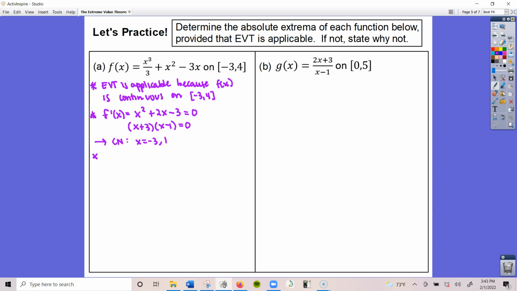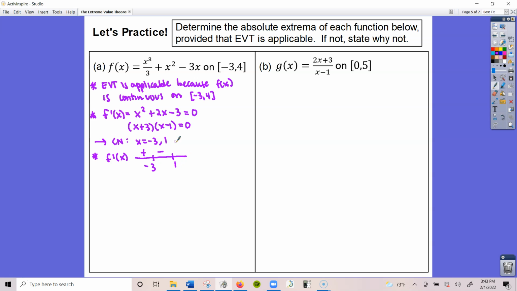I am now going to verify that these are extrema, because if they're not, then we won't have to test those values. But if they are, then we do. So, to the left of negative 3, let's say I plug in negative 4. This would be negative, and this would be negative, so positive. Between negative 3 and 1, if I plug in 0, this would be positive, and this would be negative.